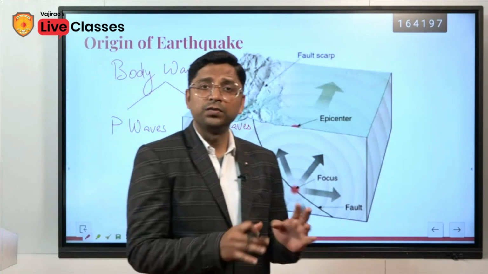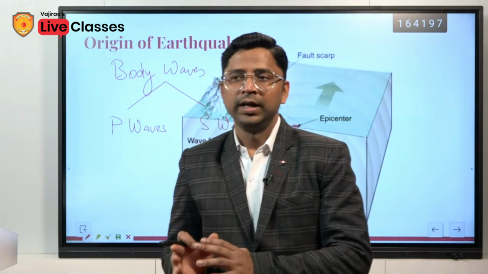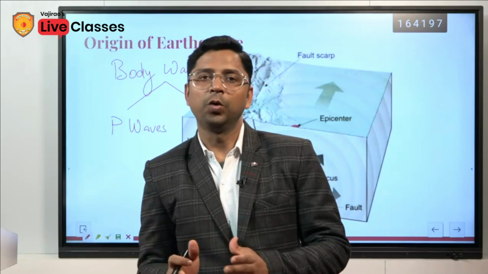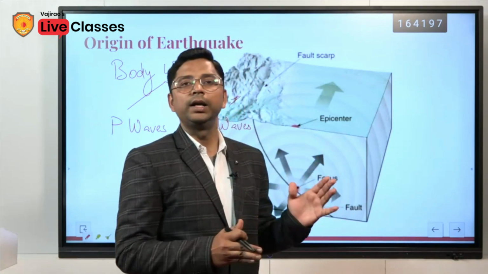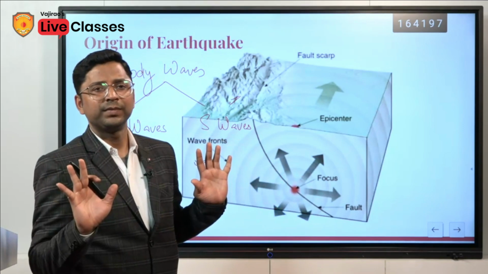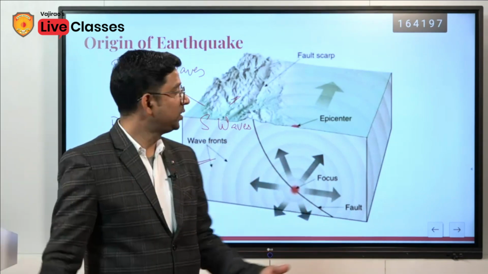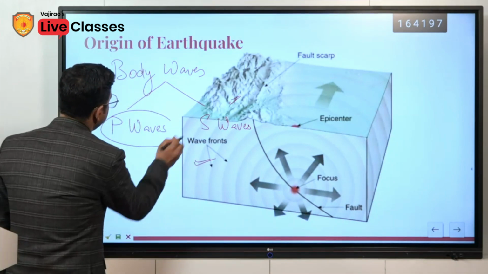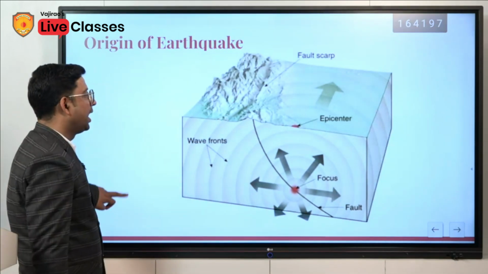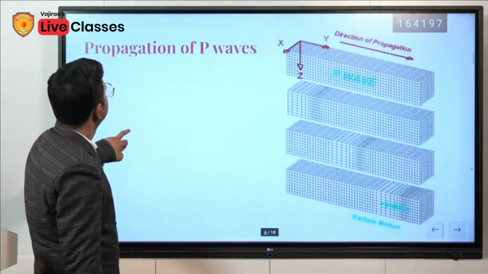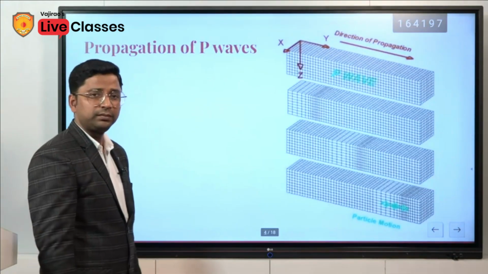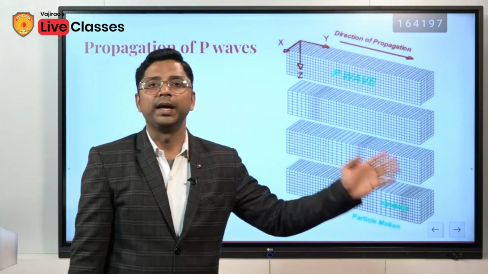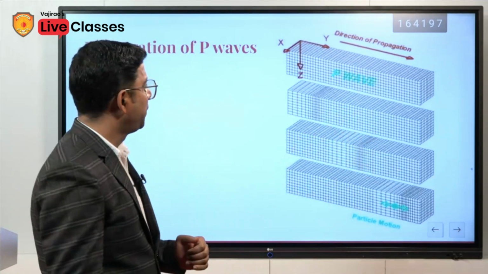Now what we need to do is understand these waves first, and after studying the characteristics of these waves, we will come to know the physical condition of the earth's interior. That's a very simple thing that we can do. So now first we will see what P waves are and how P waves travel. This figure shows how the P waves propagate.